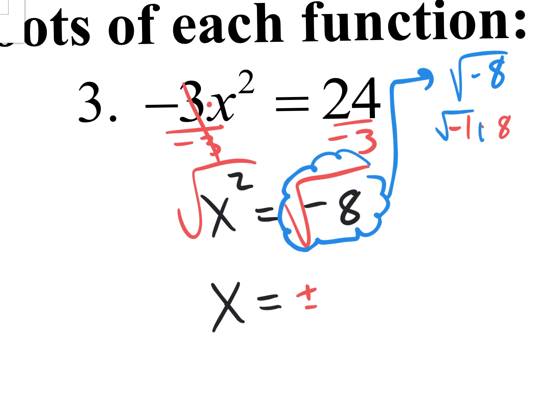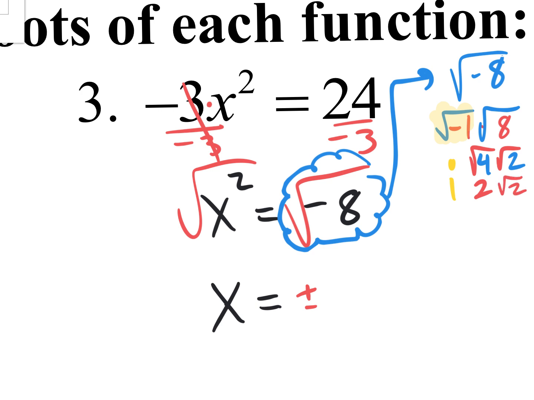That way, when you split the root, everybody should recognize that the square root of negative 1 is i, right? So that's really an i right there. And the square root of 8, you could either do that on a calculator or by hand. 8's not a perfect square number, but I could rewrite it with multiplication to get a perfect square number like 4. And then when you split the root, you'll be able to do the square root of 4, which is 2, and the square root of 2 stays the square root of 2.